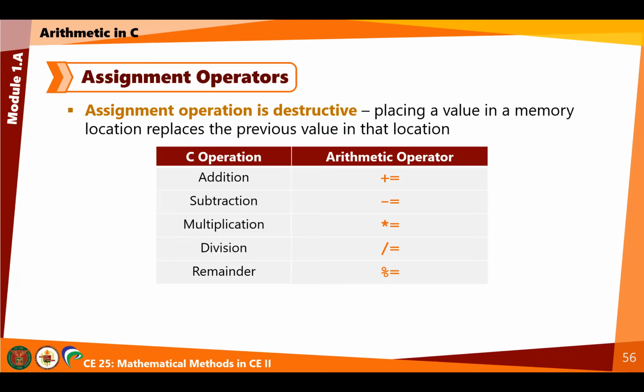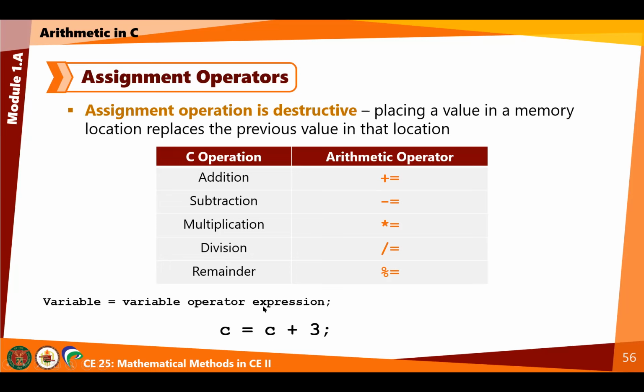Ayan, assignment operation is destructive. What does this mean? Did you see this earlier or not? Yeah, I think you didn't see this. Placing a value in a memory location replaces the value in that location. For example, here, variable equals variable operator expression.